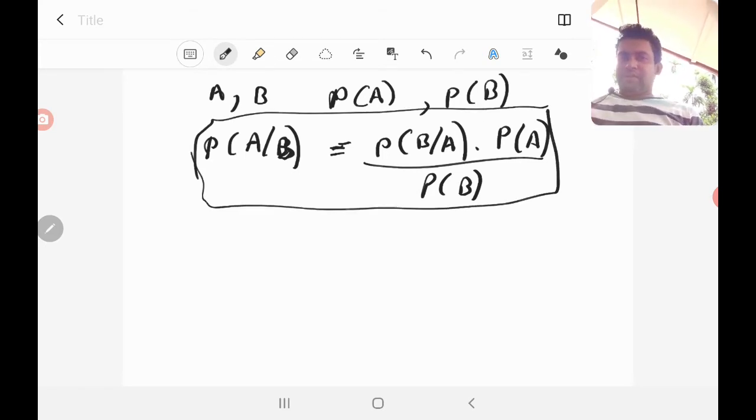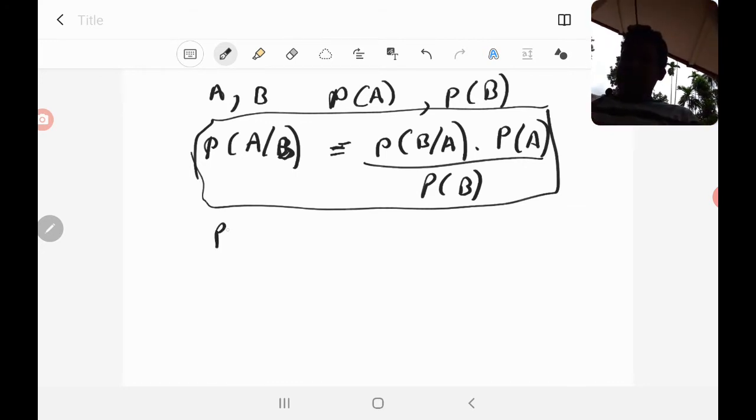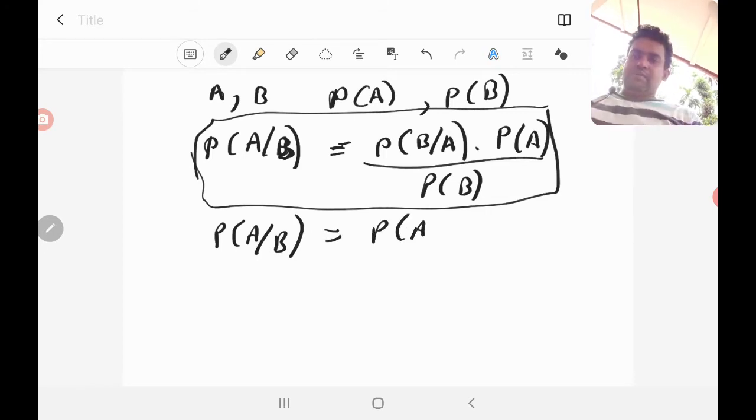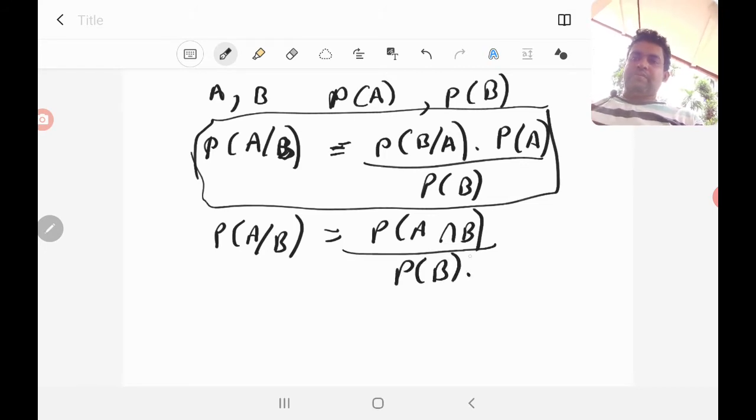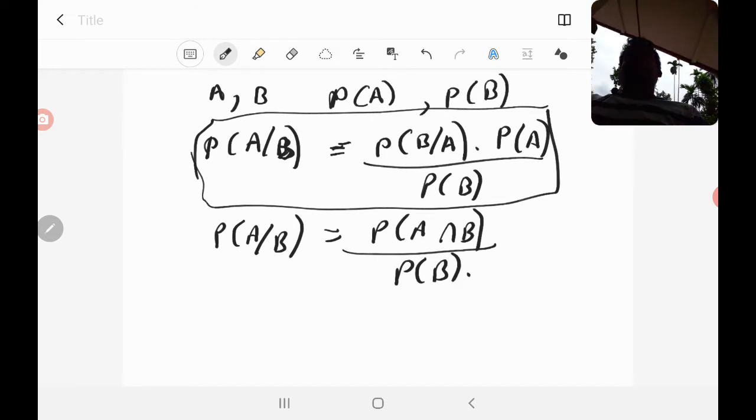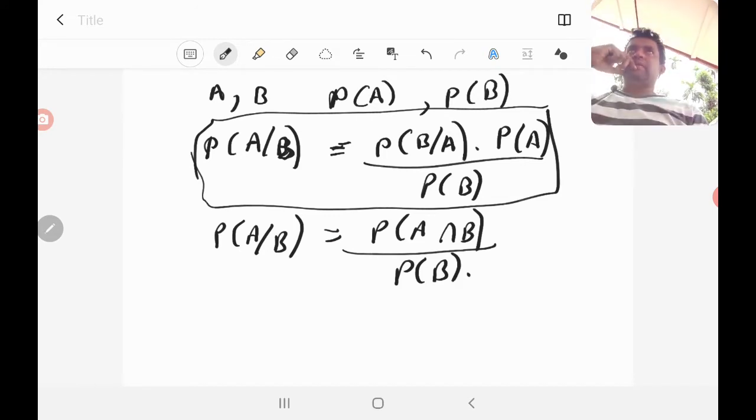The proof of this is fairly straightforward. I will quickly go through that. If we calculate the probability of A given B, it's the probability of A and B divided by the probability of B. That's basically what it is: the probability of A being true given B being true, we can calculate as the probability of A and B being true at the same time divided by the probability of B being true, right?